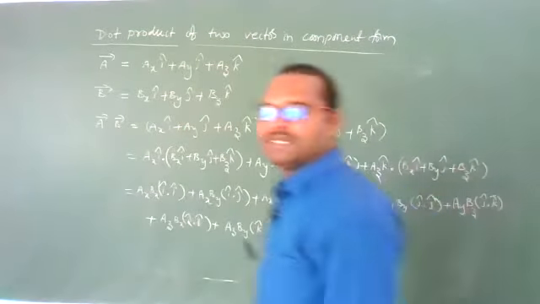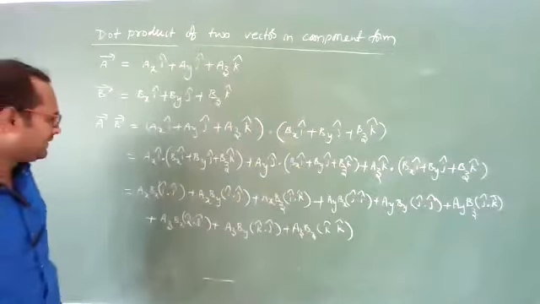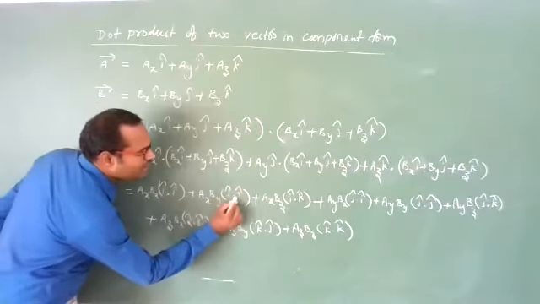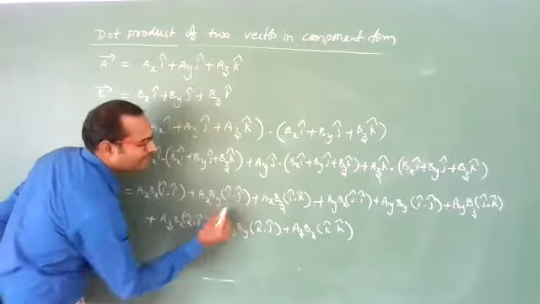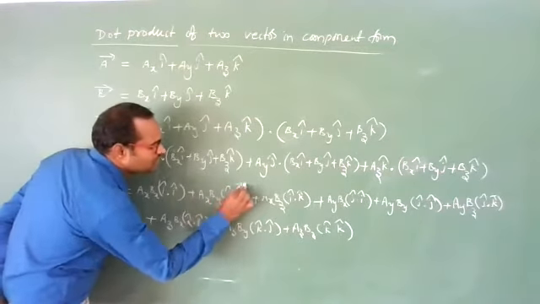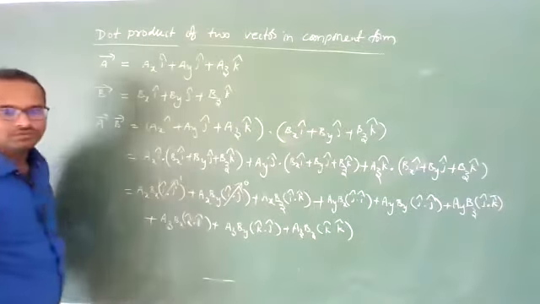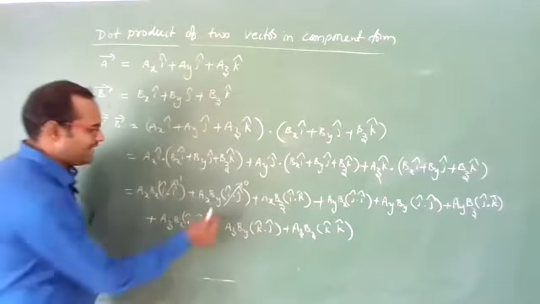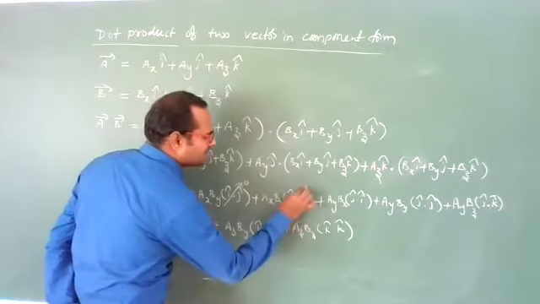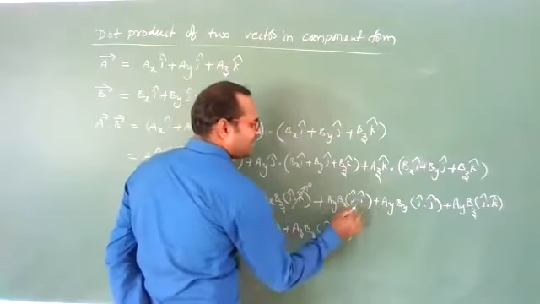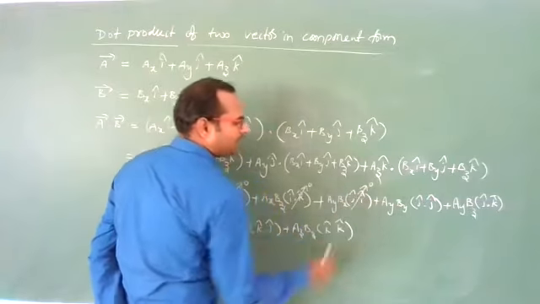Now students, according to the properties of dot product, if you have I dot j, I and j are perpendicular to each other, this gives you 0. And I dot I is 1. I dot j is 0. I dot k is also 0. J dot I is also 0 because of perpendicular vectors.